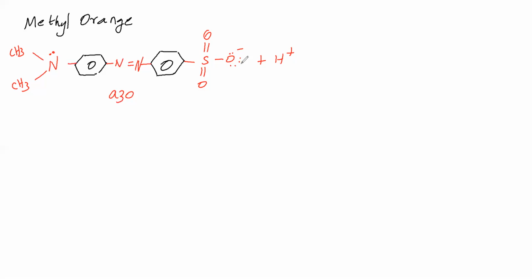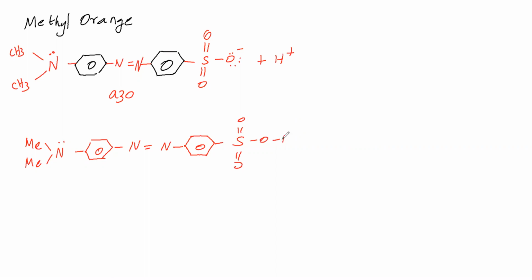If O minus takes H plus, then we get two methyl groups, N, one phenyl ring, then N double bond N, one phenyl ring, then S double bond O, and O minus becomes OH. One possibility like this.